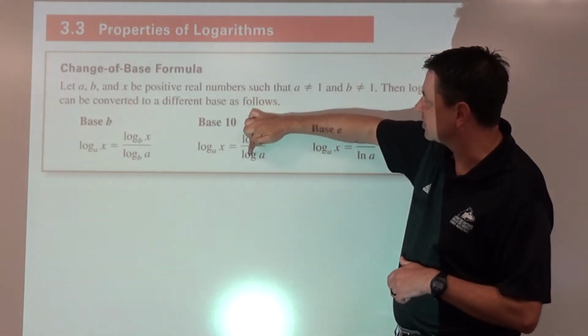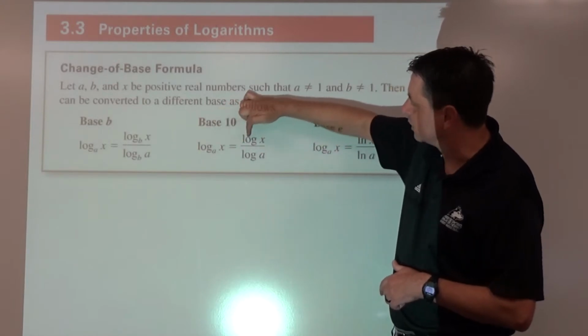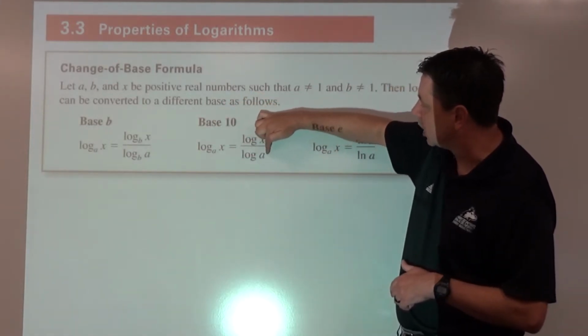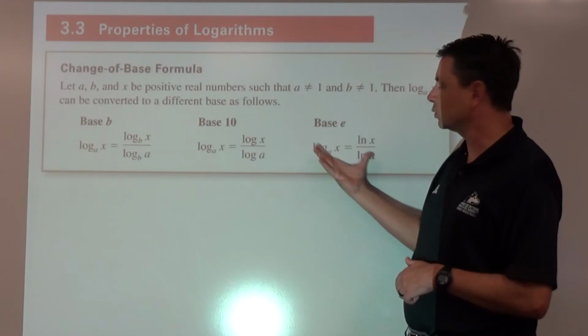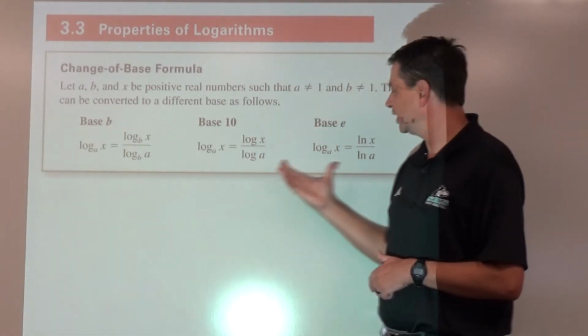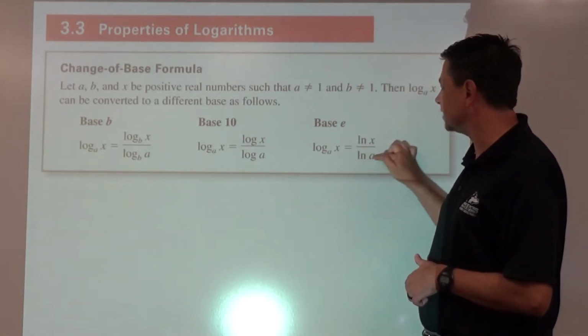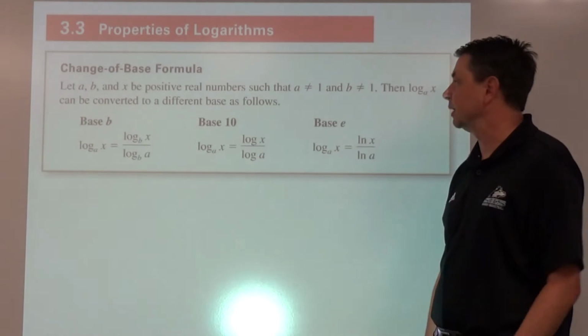The denominator is the log of the base. So if it was log base 2 of 7, we'd say log 7 divided by log 2. Now this one over here says, if someone stole the log button off your calculator, we could still do the same thing by doing the natural log of 7 divided by the natural log of 2, and you would get the same answer.